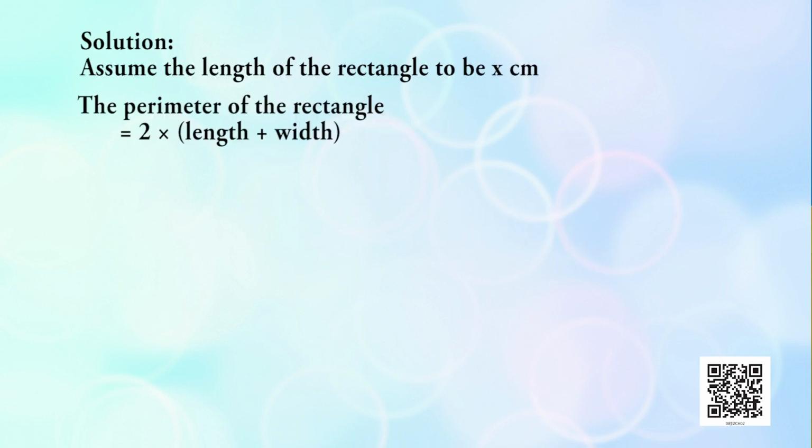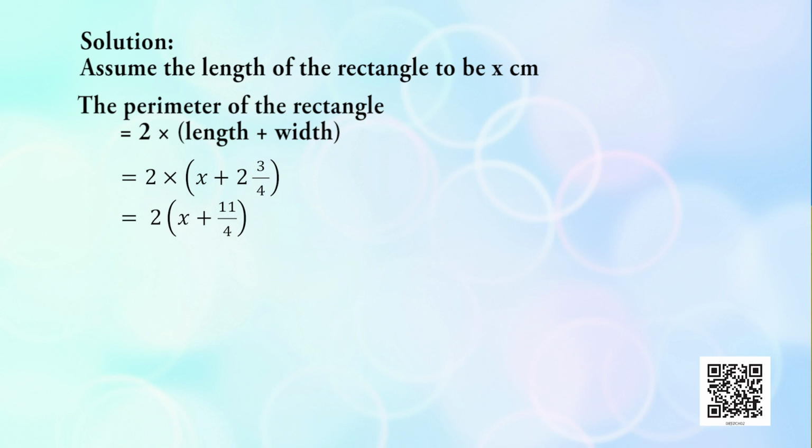You know already that the formula for the perimeter of the rectangle is 2 times length plus width. Width is given as 2 3/4 centimeter and the perimeter is given as 13 centimeter. You have to substitute all these values in this equation.